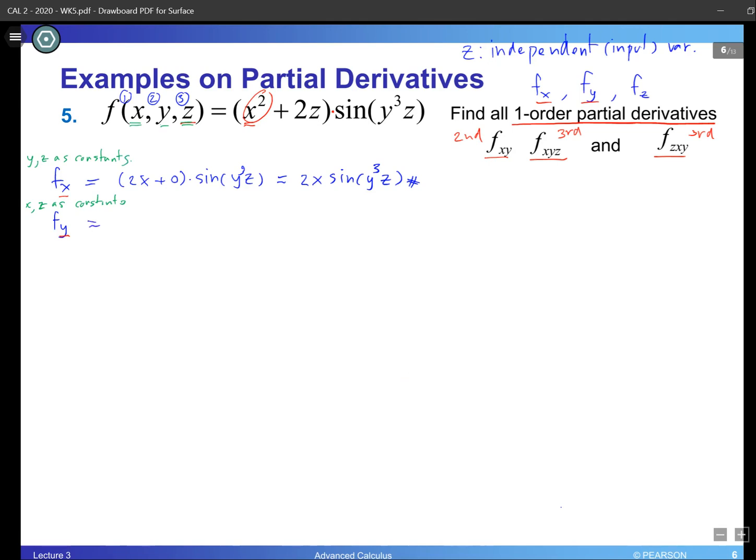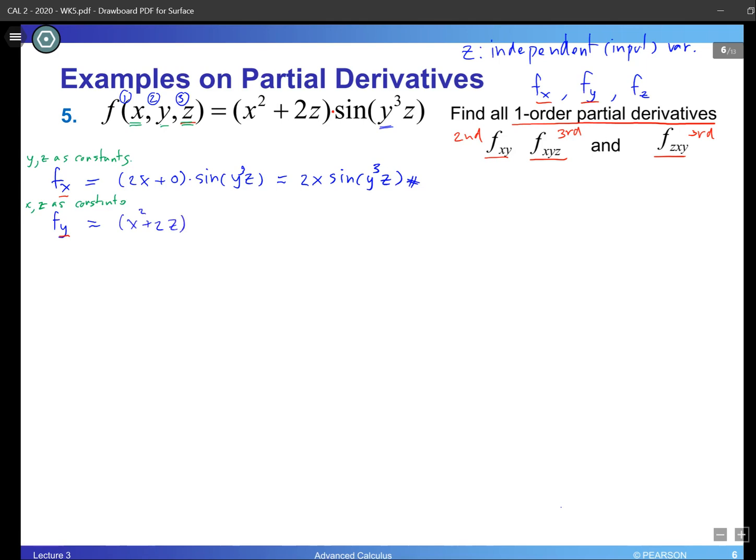Keep it simple. Now I need to take a look at the function again and look for y in this function, and I see just one place with y, which is right here inside sine. So let's perform the differentiation on that. The rest need to be treated as constants, so the front term stays the same, x squared plus 2z.